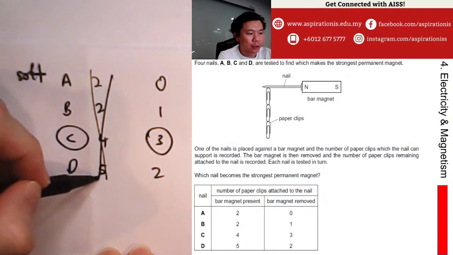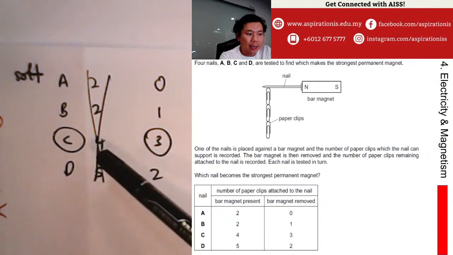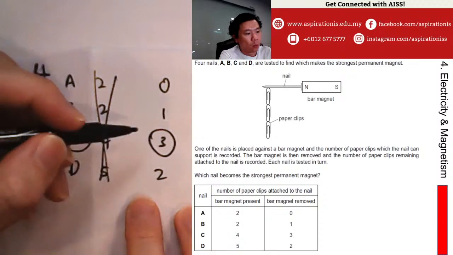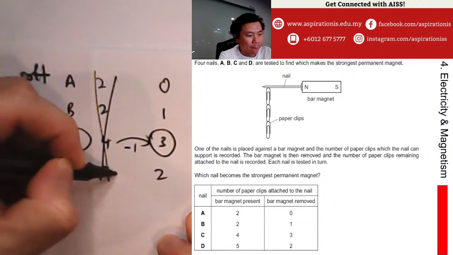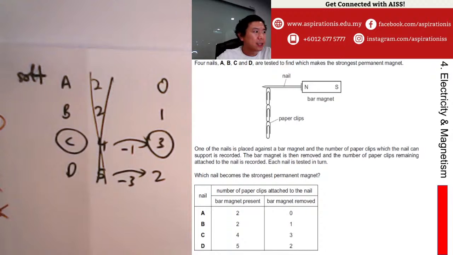You've got to look at the highest number. For C, only one, compared to this one, where you've got 3 dropping. That means C is the better permanent magnet. Well done, guys. Kenjin, you can hold more clips when the bar magnet is removed. That's important. Moving on.